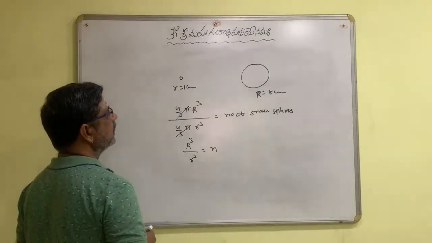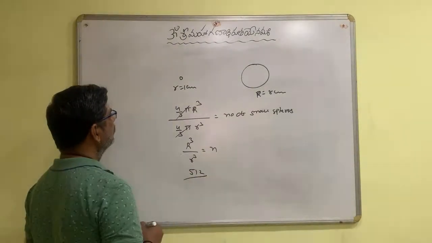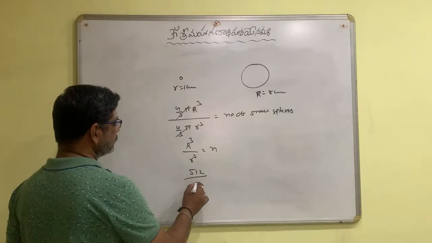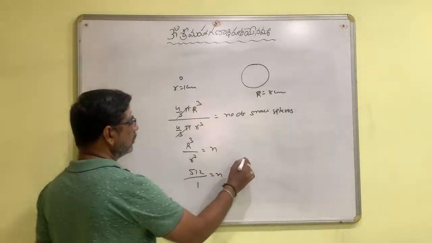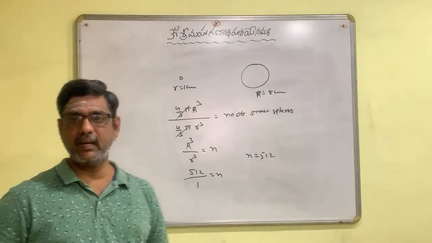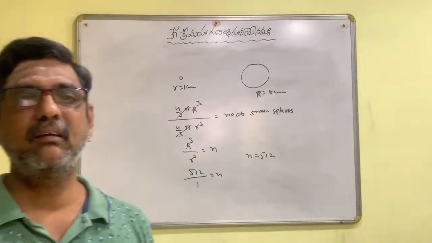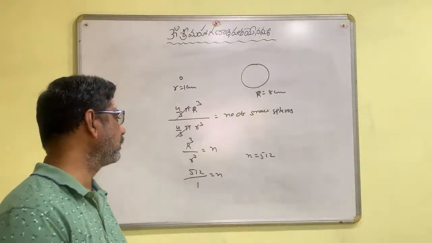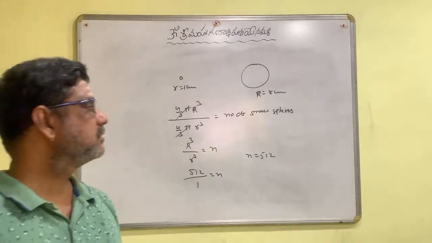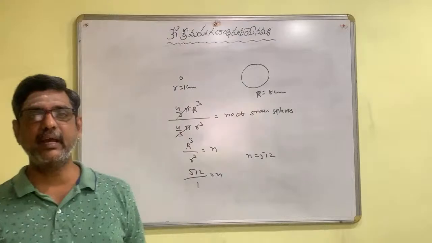Capital R is given as 8. 8 cube is 512. Small r is given as 1. 1 cube is 1. So in total we can get 512 lead shots from a sphere of radius 8 centimeters.